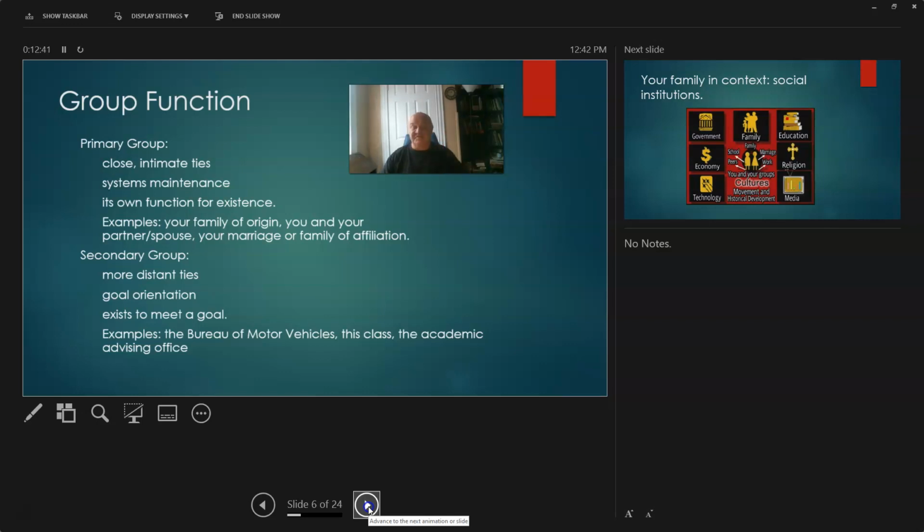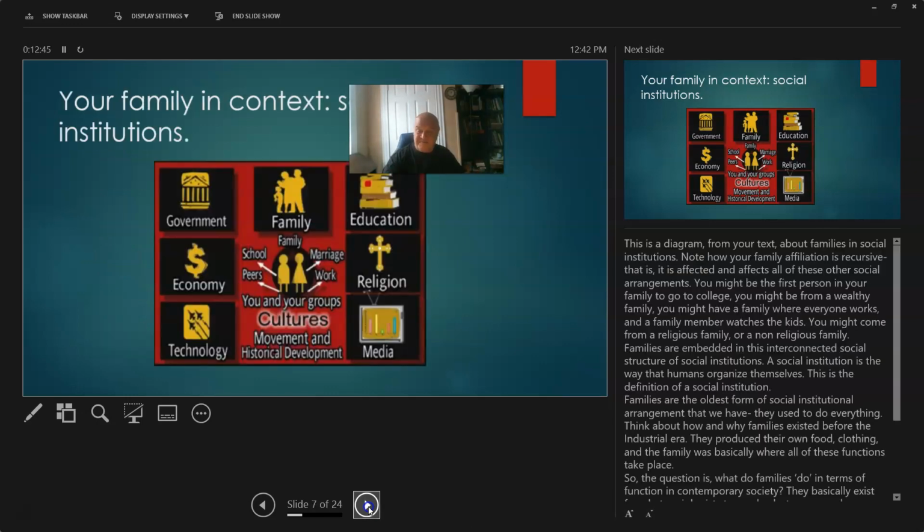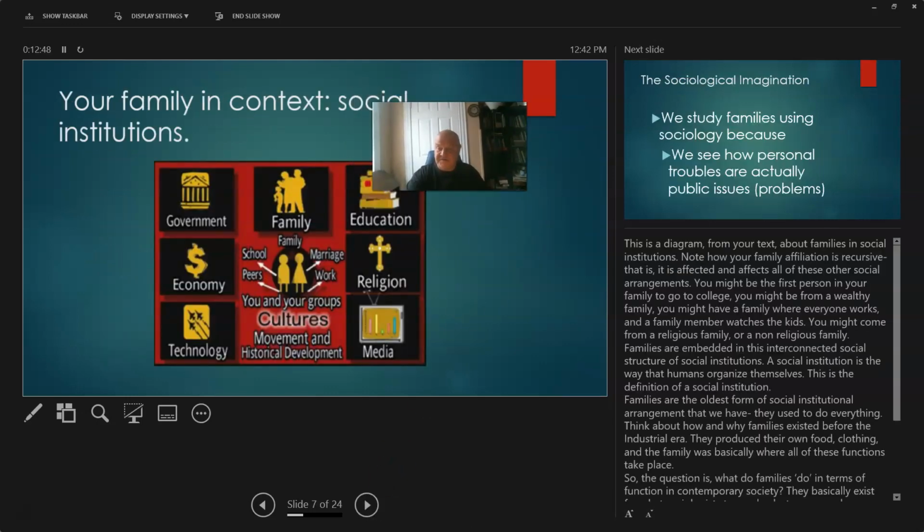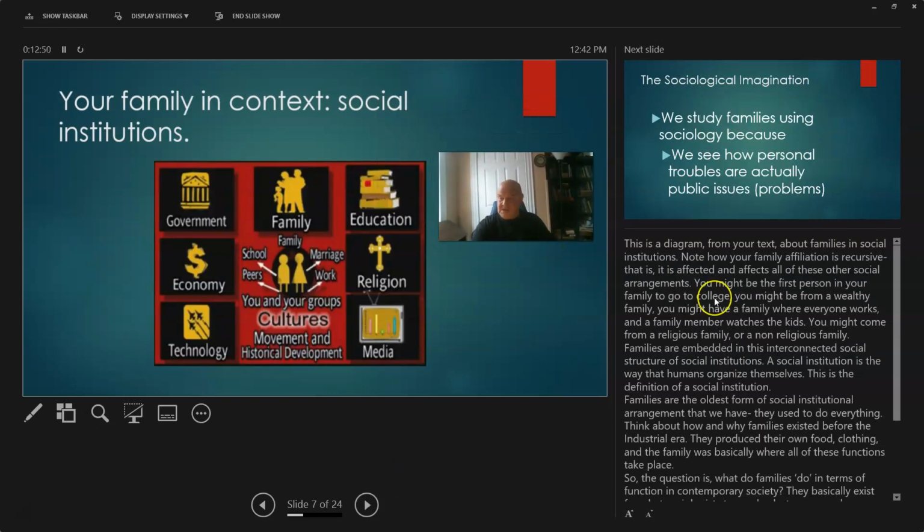And indeed, families as primary groups and secondary groups exist as subsystems within a larger system where all the components interact, right? So this is a diagram from your text about families in social institutions. Again, note how your family affiliation is recursive. That is, it is affected by and affects all of those other social arrangements.